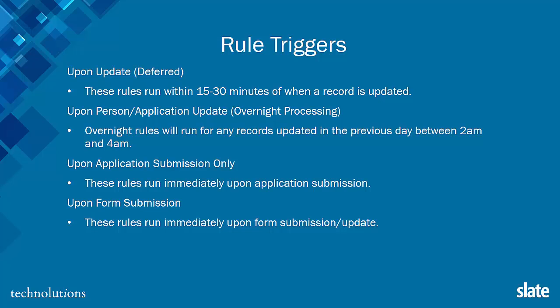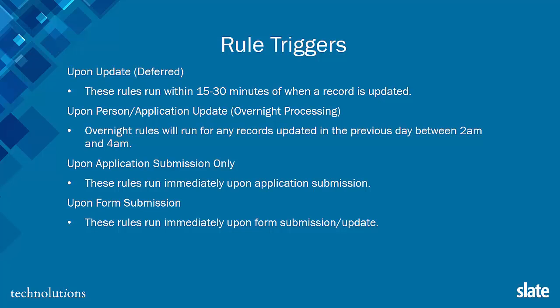Basically, you update a record, and depending on what else is going on in your instance, you may see that rule kick off in 5 minutes, 15 minutes, or 20 minutes. But they run in batches to help with efficiency overall. That is just something to keep in mind with the update deferred rules.